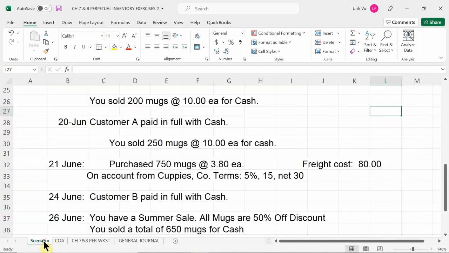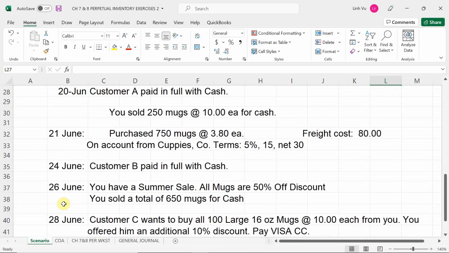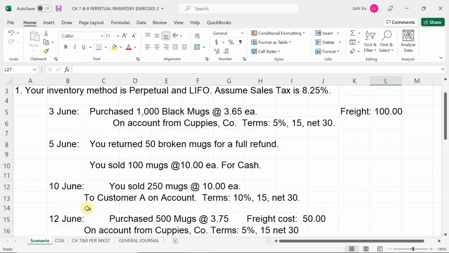All right. So then on the 24th, customer B decides to pay in full with cash. Now, on the 24th, when did we sell to customer B? Let's see.